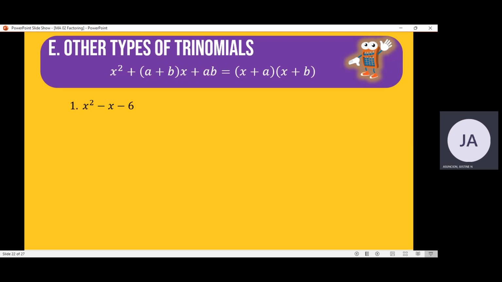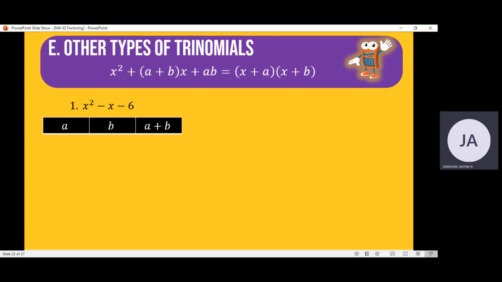And then when we add those two factors, it will result to the middle term. So for instance, we have here two factors. If we multiply them, we'll have the last term, and if we add, we'll obtain the coefficient of the middle term.